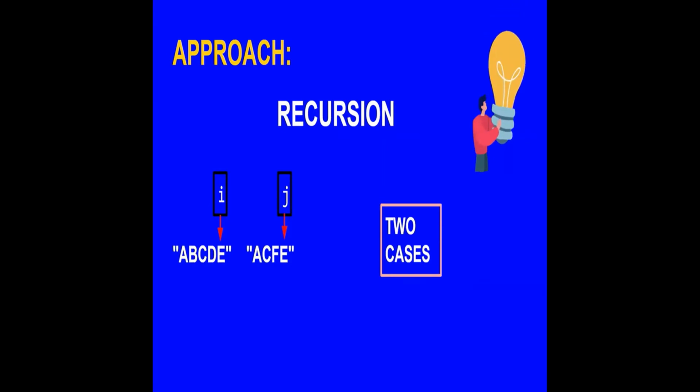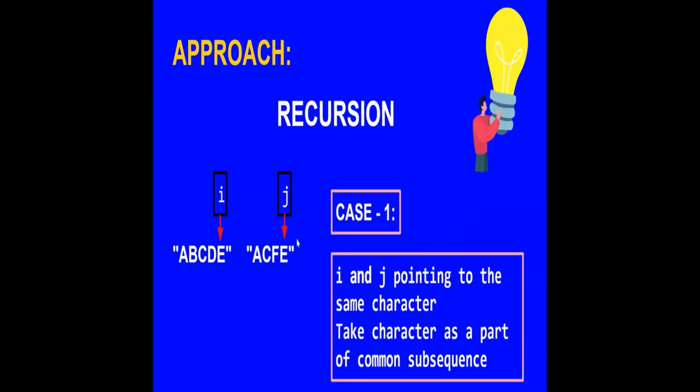Now, here you will come across two cases. The first case is that the characters pointed to by pointers i and j are the same, which you can see in this example. The character E is the same for both i and j.